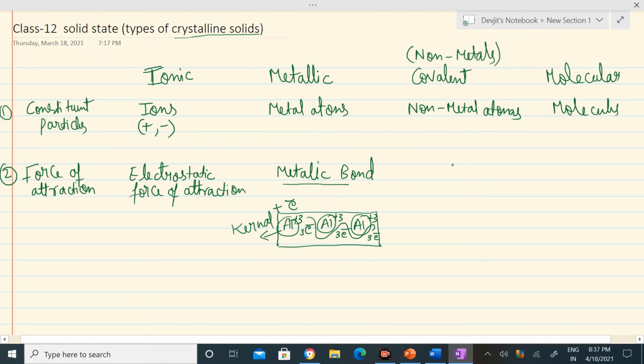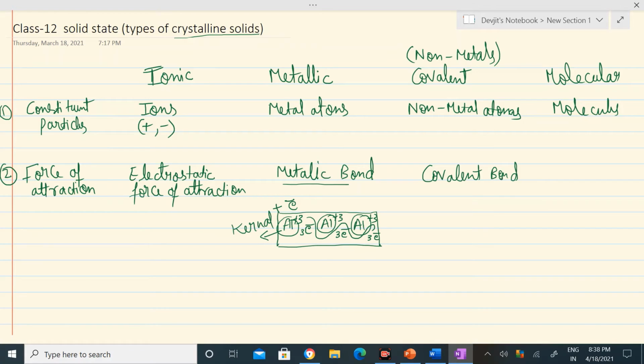So what about the covalent solid? Definitely they will have covalent bonds. Done. And what about the molecular solid? Molecular solids are those solids which are very soft in nature. They are not very hard. Why?